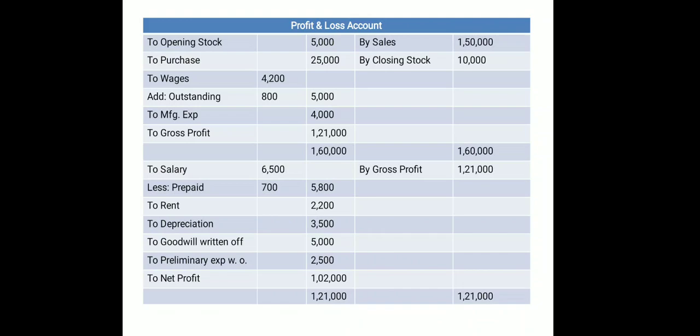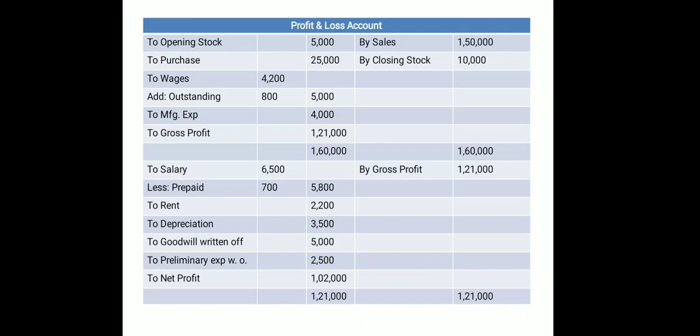The calculation will start with the gross profit, that is 1,21,000. From that we are going to deduct salary and the rent, because these two are not non-cash or non-fund expenses.